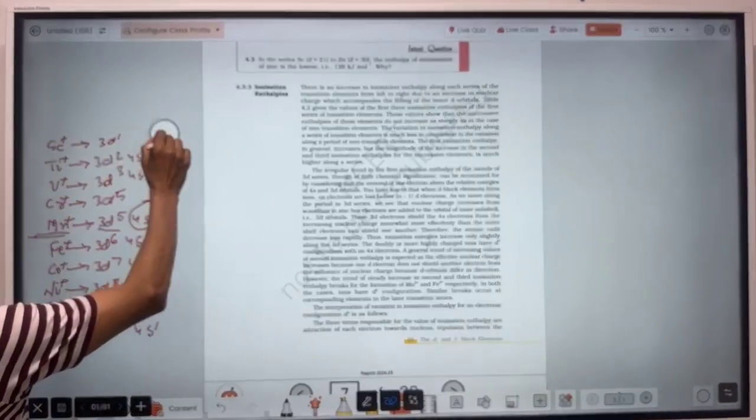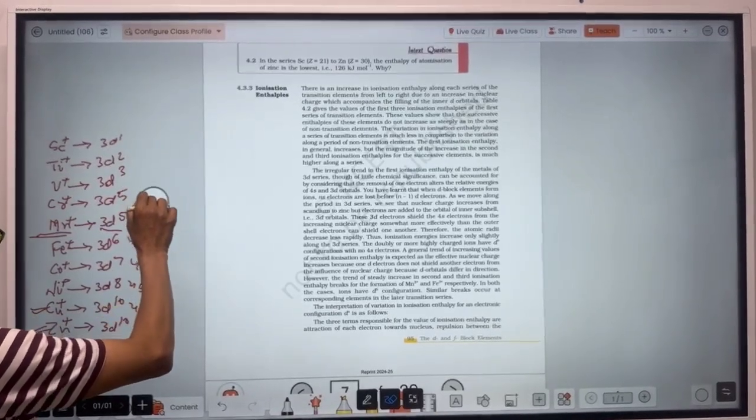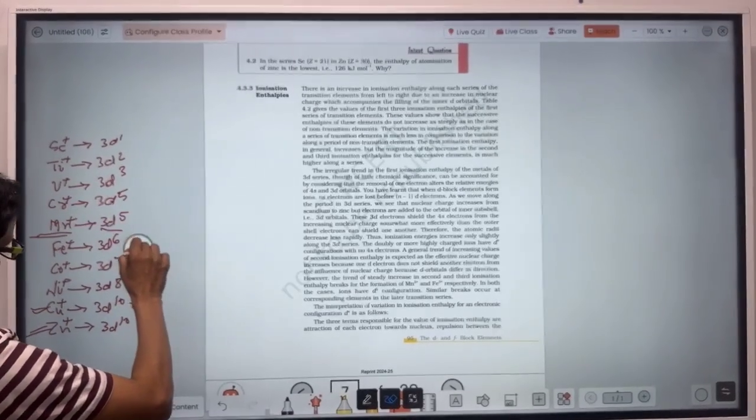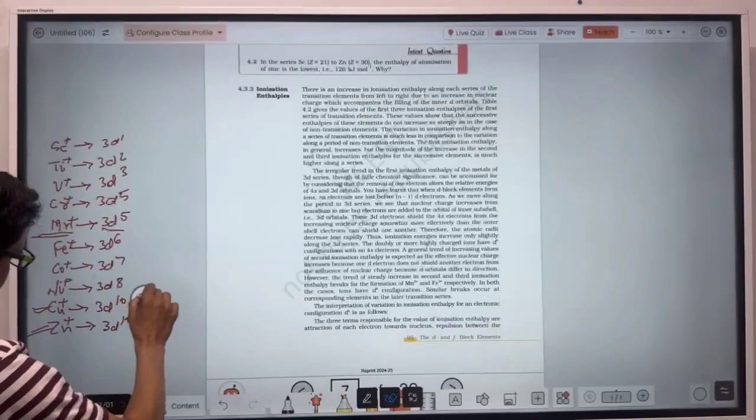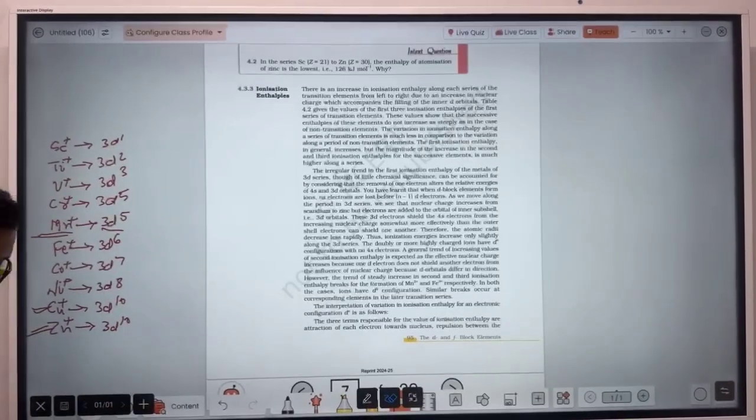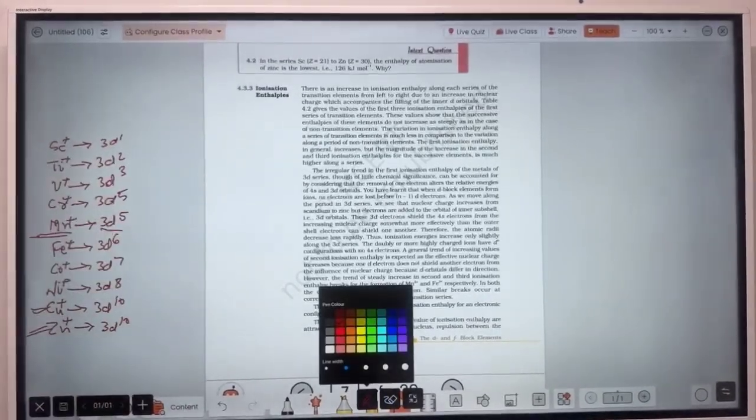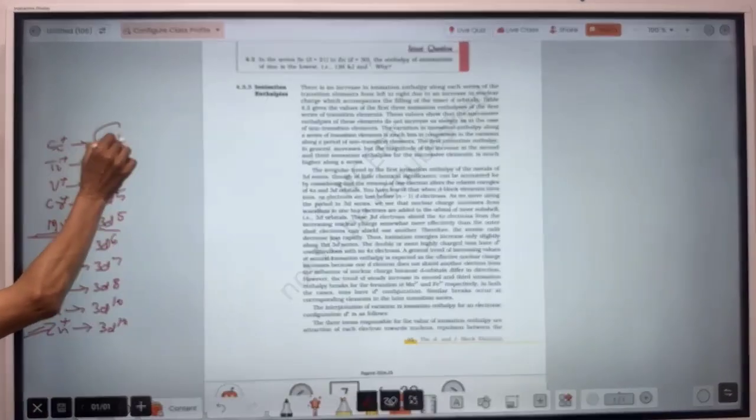So what will be there from 4s? No electron will be there. Then after, the electron will have to be released from the d orbital, here scandium.